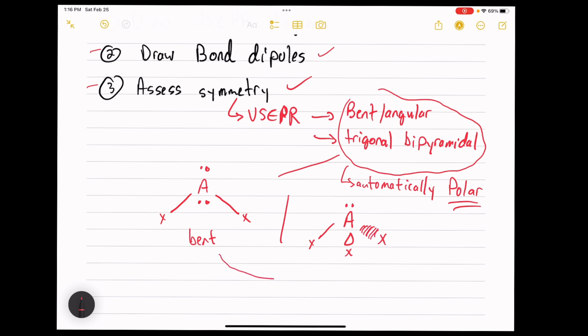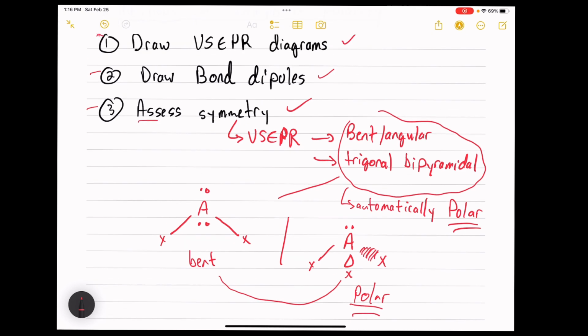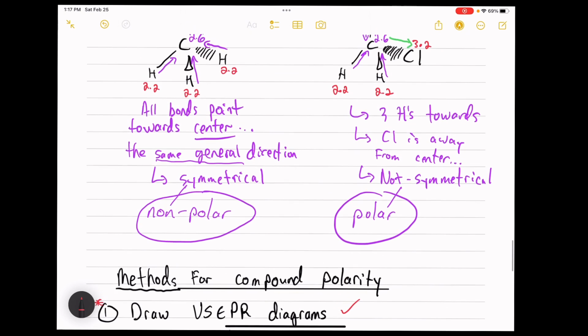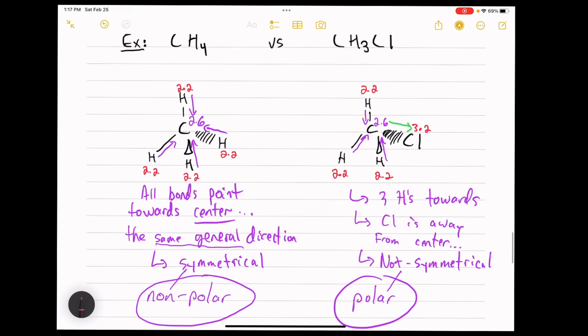So any of these 2 shapes are going to automatically be polar. But if you don't have one of these 2 shapes, then you're going to assess the symmetry just like we did over here. We're drawing the bond dipoles, seeing if the vectors are generally in the same direction or are not all in the same direction.